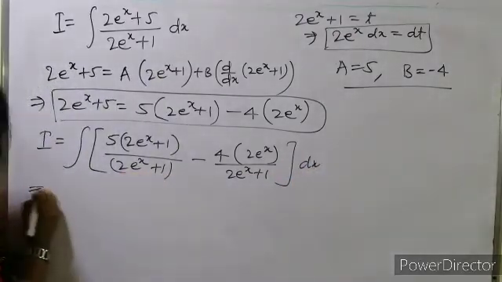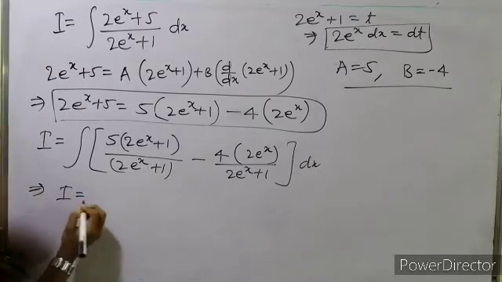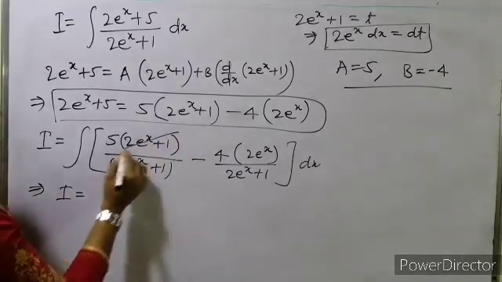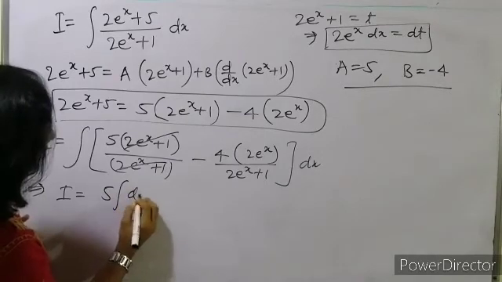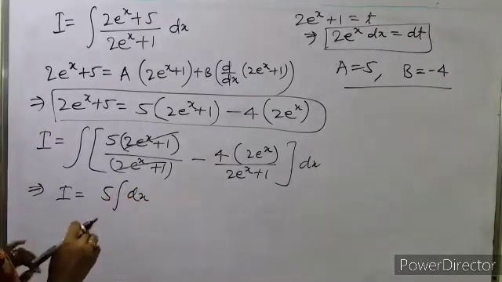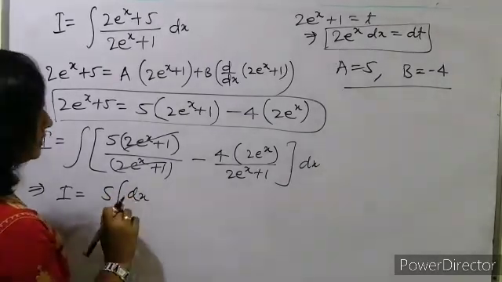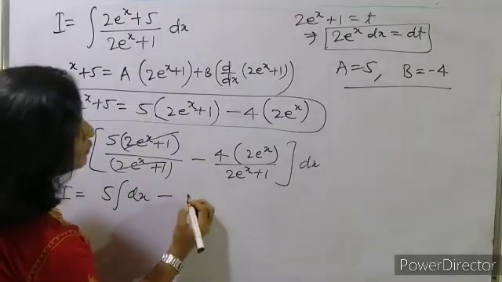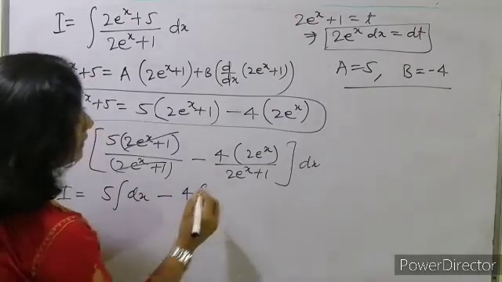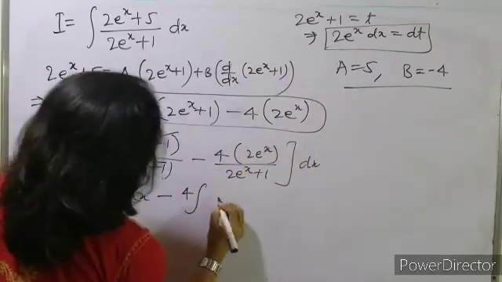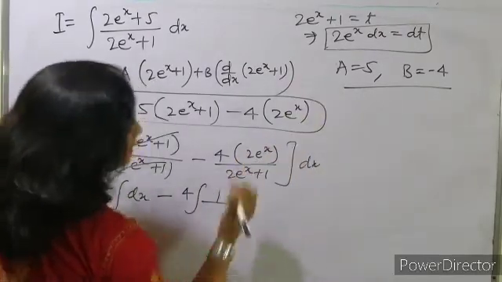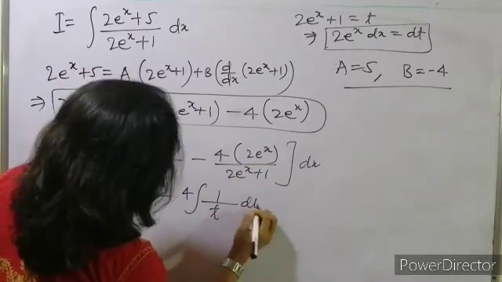ठीक है. So ये हम रिमूव करेंगे. So what value 5 and integrate dx. We have to integrate 1 with respect to x. Okay, minus 4 will take common, and this is what 2e to the power x dx is dt. So 1 upon this is t, so 1/t dt.